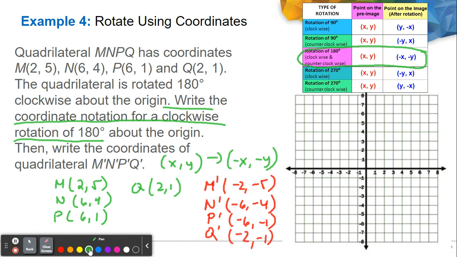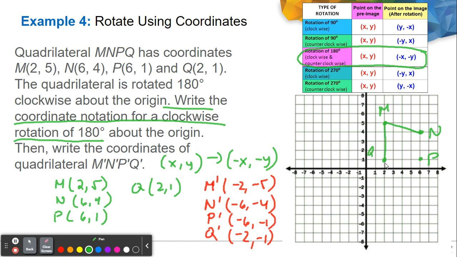Let's graph our pre-image. 2, 5 is this, that is your M. 6, 4 is your N. 6, 1 is your P. 2, 1 is your Q. That is a quadrilateral. I thought I was making a rectangle, but it's okay, it's a four-sided figure.